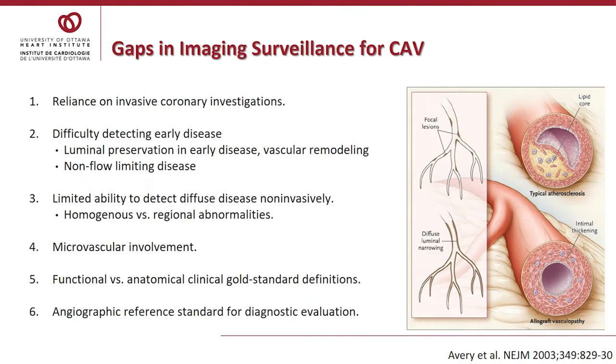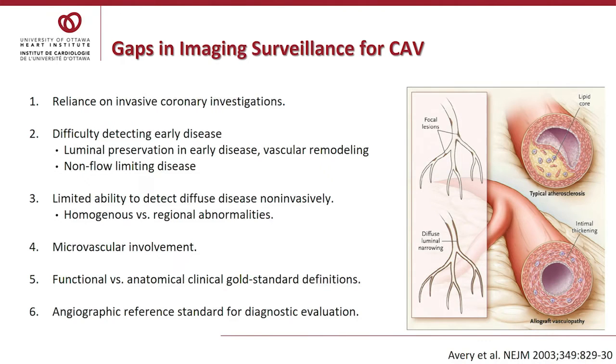We have limited ability to detect diffuse disease non-invasively, and because this is a diffuse disease process, we would expect that there might be homogeneous abnormalities, and most of the non-invasive imaging techniques rely on the presence of regional abnormalities in either perfusion or contractility to detect disease. As for any condition that affects the microvascular compartment, this is difficult to assess using conventional imaging tools.